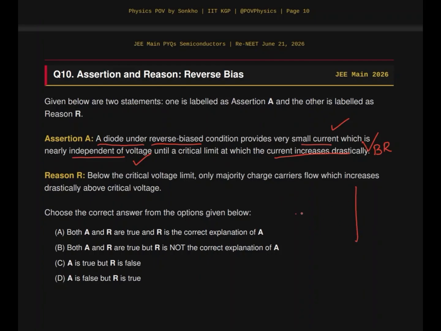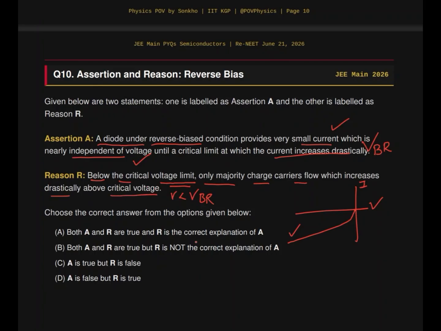Whenever we have a diode in reverse bias, we have the graph something like this. This is nearly a straight line. It's independent of the voltage. The reason being below the critical voltage limit, so voltage is less than the breakdown voltage. Only majority charge carriers flow increases, which increases drastically above critical voltage.